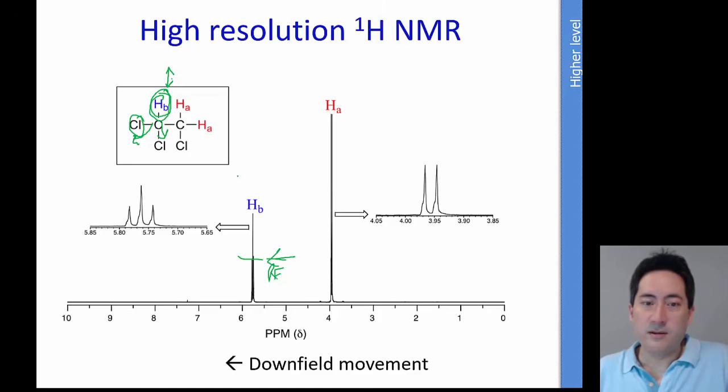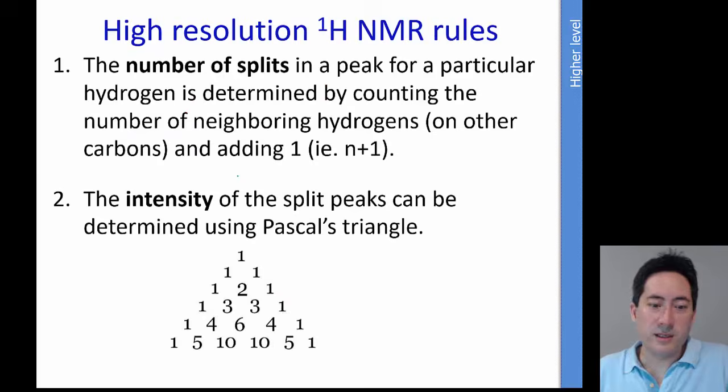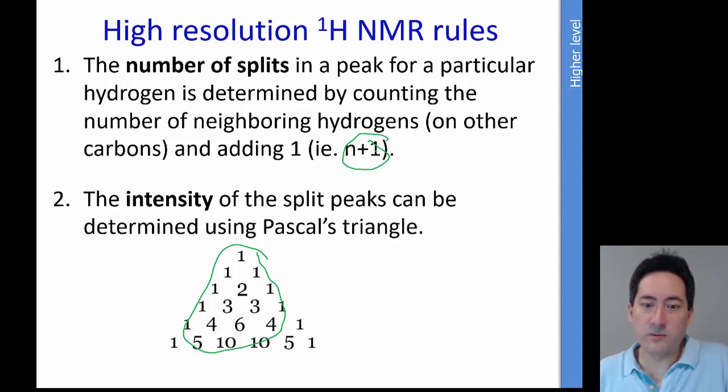Okay, now as I said before, I really want to get away from memorizing. So you could just learn n+1 and Pascal's triangle, number one, work out how many peaks there are, and then if say there's 5 peaks, you can then work out what the strength of those peaks are. Okay, there's 2 problems with that.